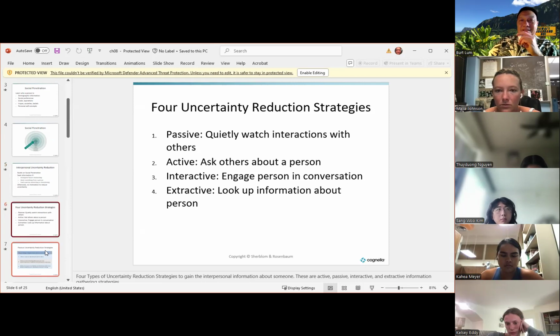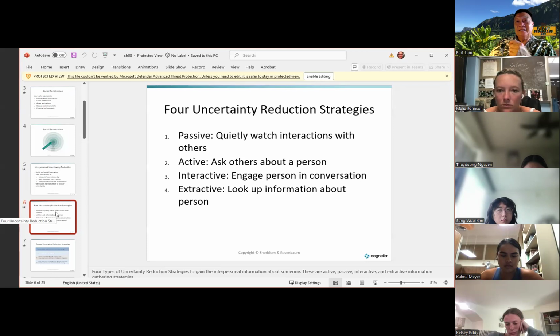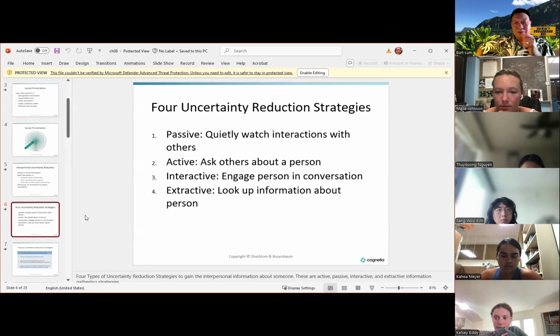So the chapter talks about the strategies for uncertainty reduction, and the next couple of slides get into a little more detail as to what actually takes place during each of these strategies. You have passive, where you watch quietly.